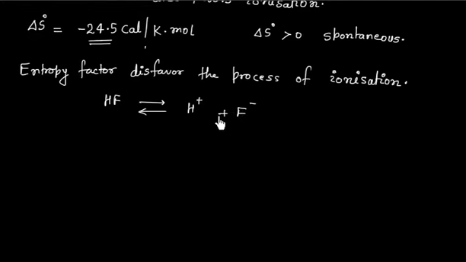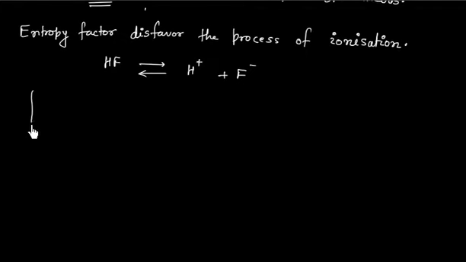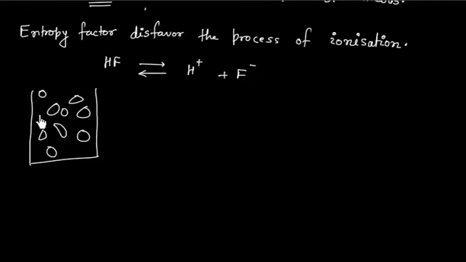This is because the solvent molecule, that is the water molecule, becomes ordered after the ionization. Let us say I have a solution. Initially, before ionization, the water molecules are disordered.